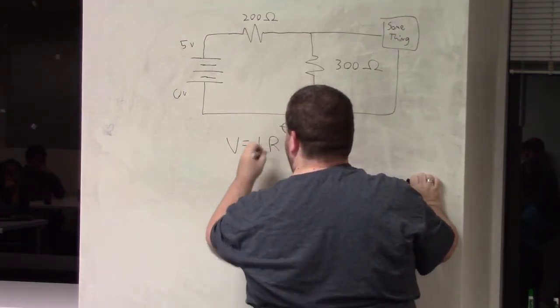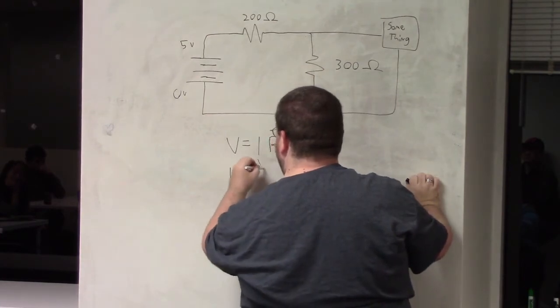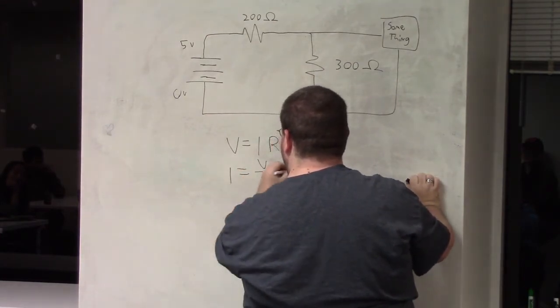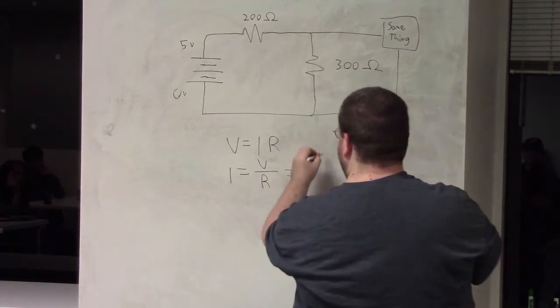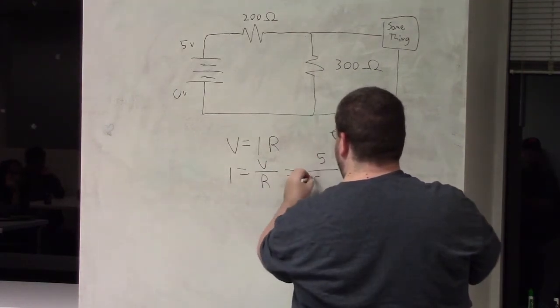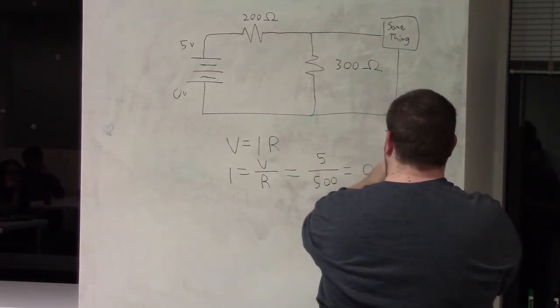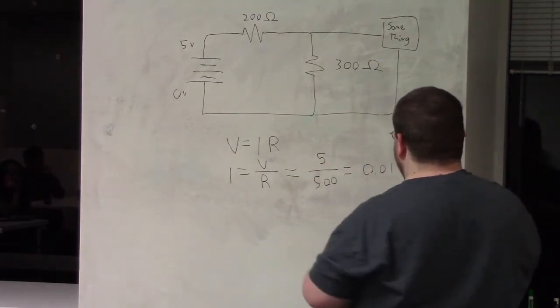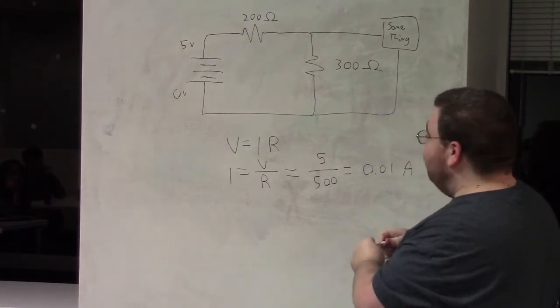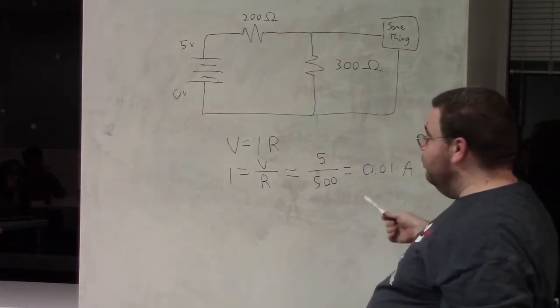V equals IR, so I equals V over R, which is 5 over 500. So you've got 1/100th of an amp, or 10 milliamps.